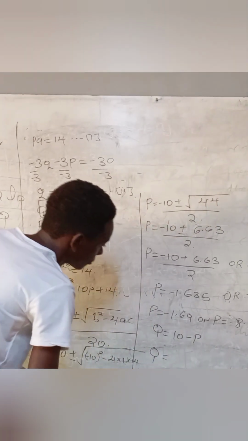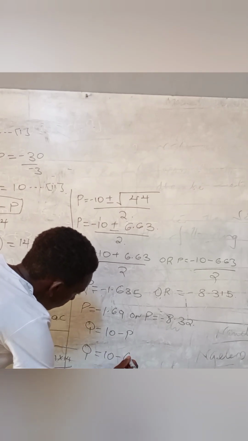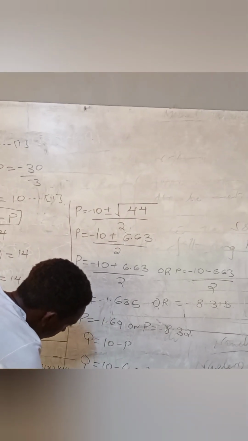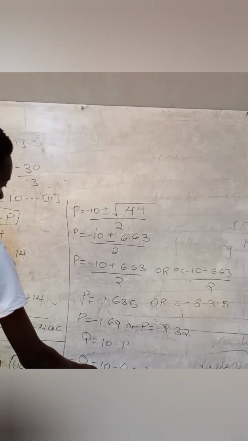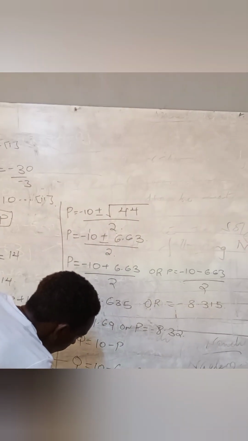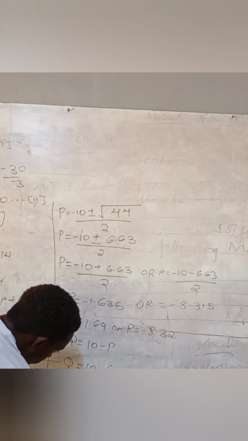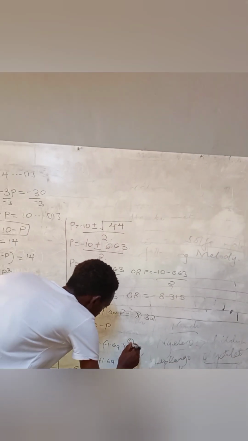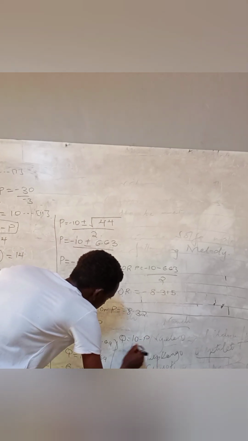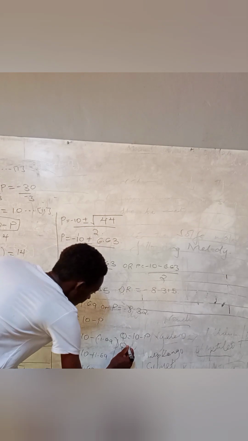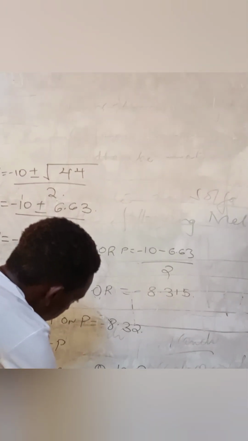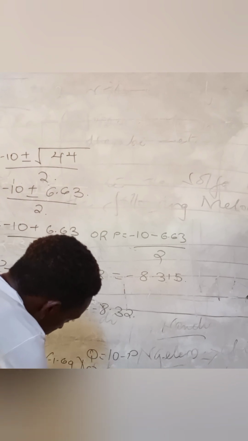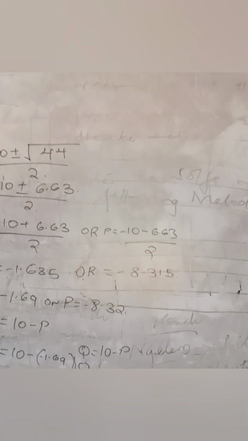So q is equal to 10 minus 8.32, which is 1.68, or another value for q is equal to 10 minus p, so q is equal to 10 minus 1.69, which is 8.31. So I have the value of p and q.